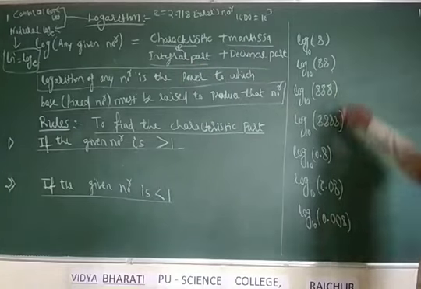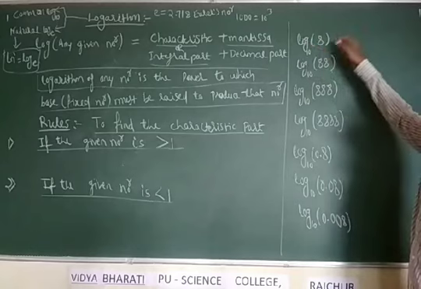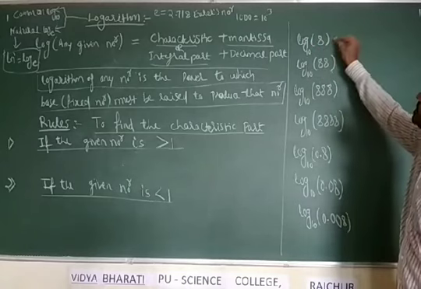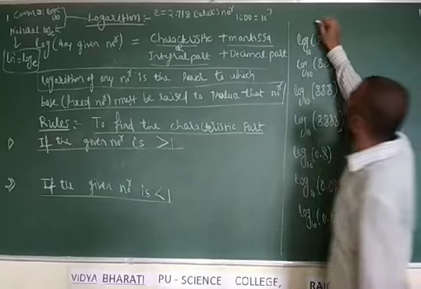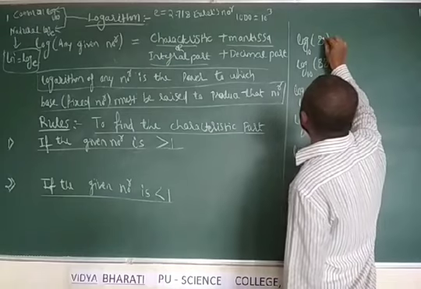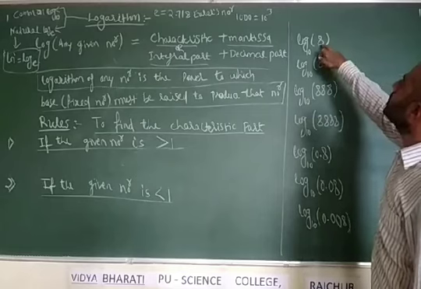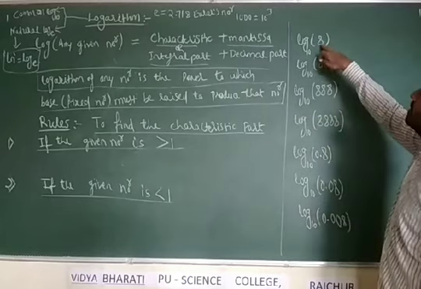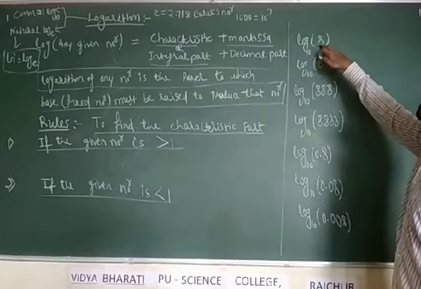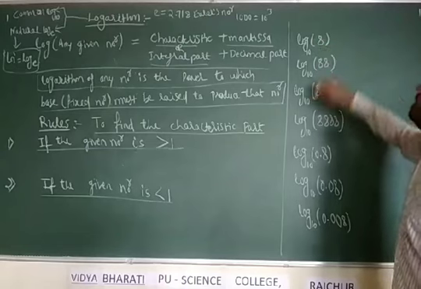Let us see an example. Here, logarithm of 8. If you want to express this 8 in terms of a power of 10, first we have to define the characteristic of this 8. Then we have to find its mantissa.